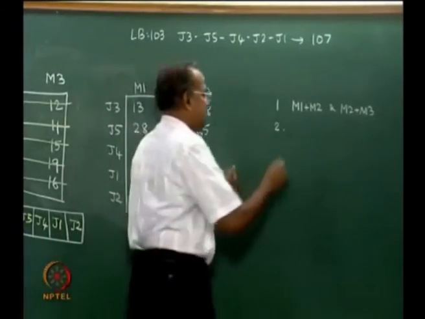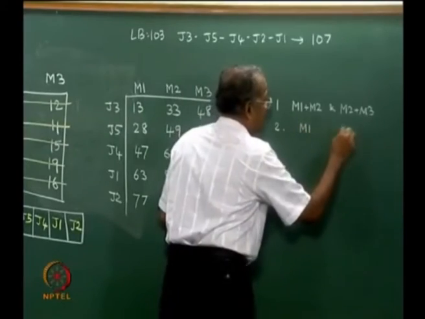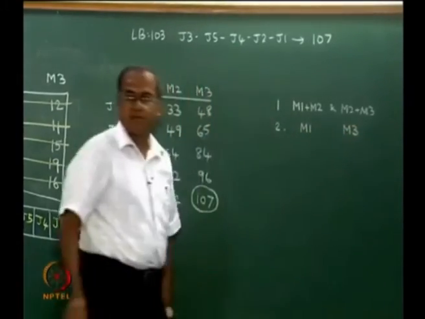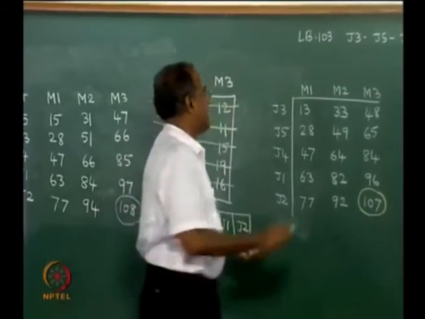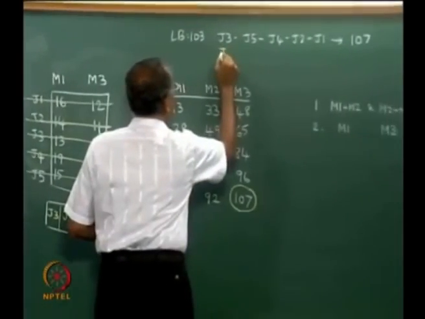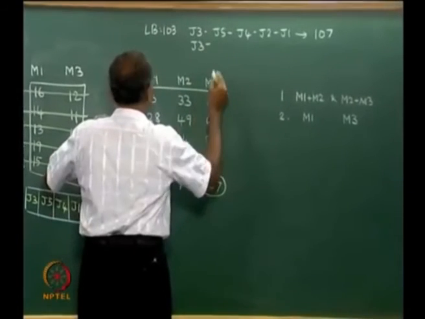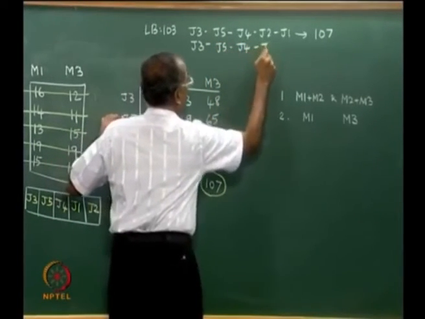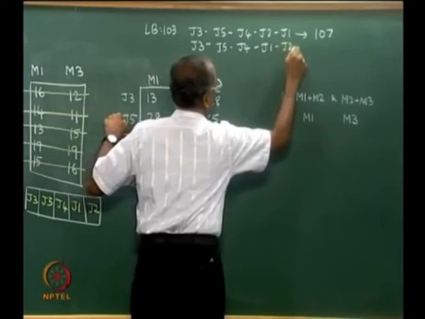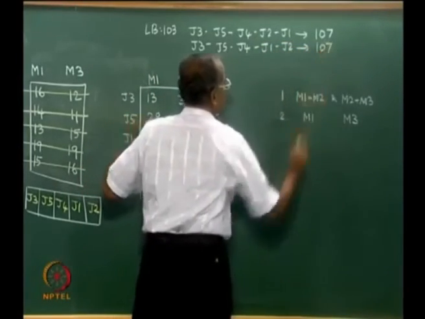The other is we did only M1 and M3, and we took the best out of the two, and therefore we get another solution with J3, J5, J4, J1, J2 with 107 again.